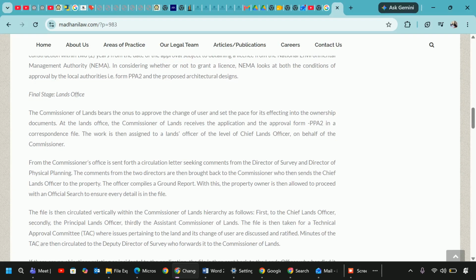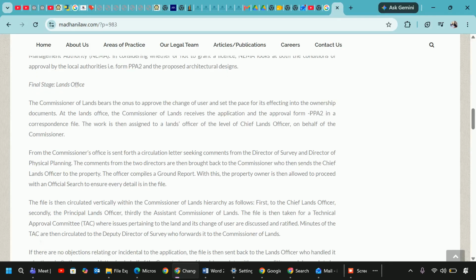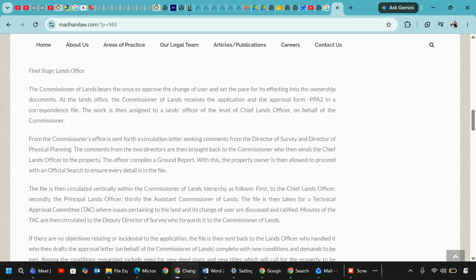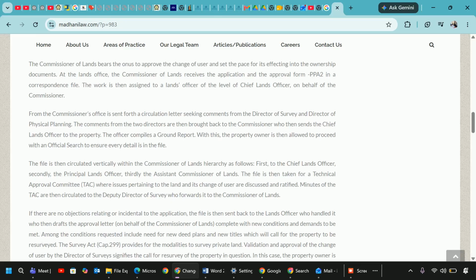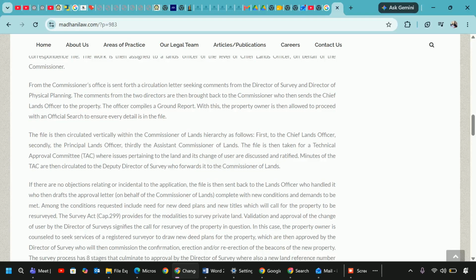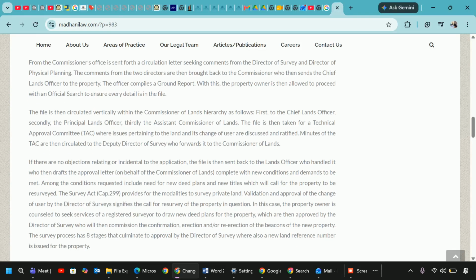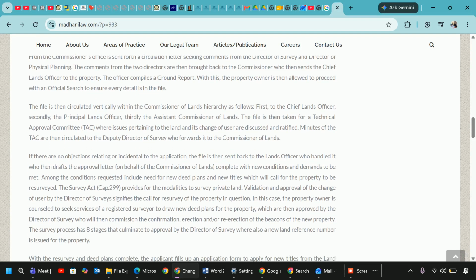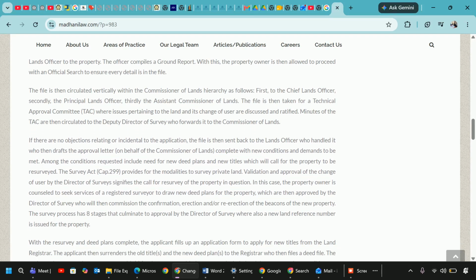Okay, so it is this Commission of Lands who will then delegate, or who will now involve other persons, where we have Chief Lands Officer, Principal Lands Officer, and Assistant Commissioner of Lands. And then the file is taken to a technical approval committee, where issues pertaining to the land and its change of use are discussed and ratified.